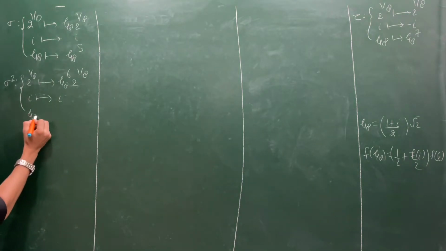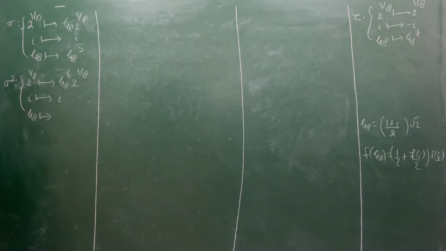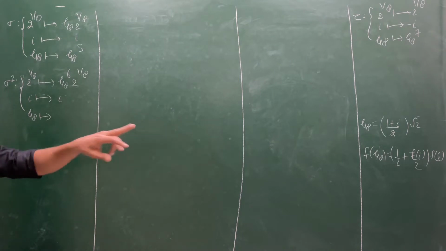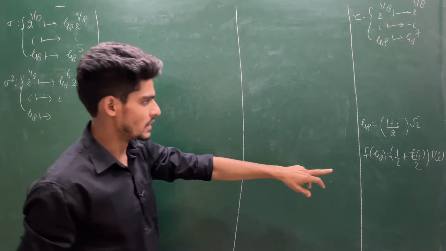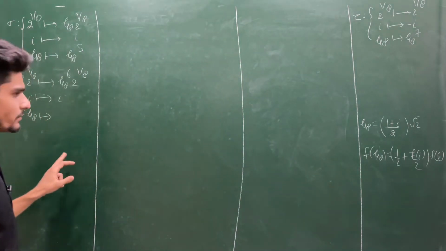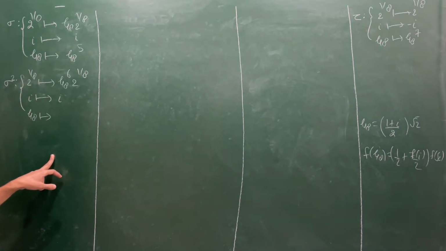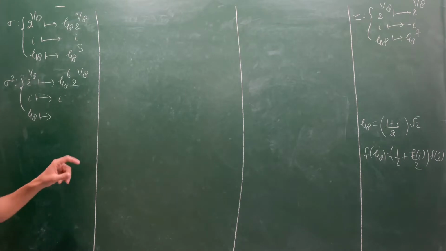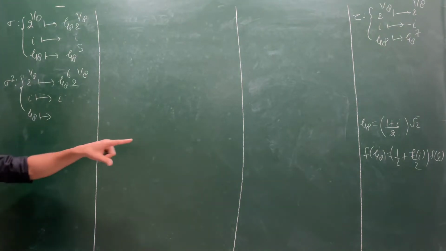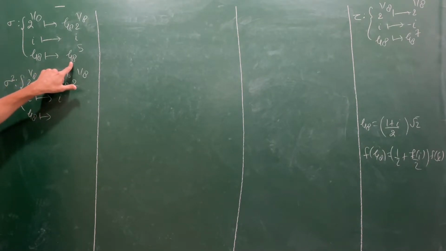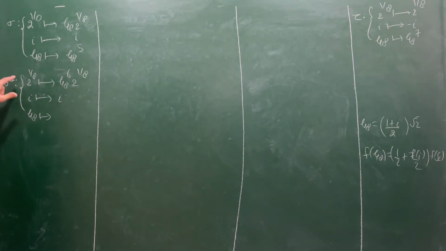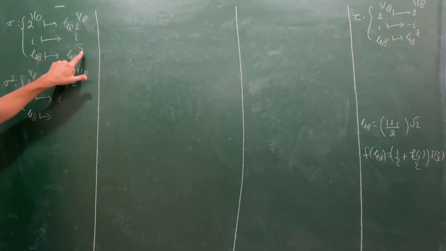If you calculate ζ8, what can you say about ζ8? Again you look for that map, because i is fixed. We are looking for σ²(ζ8). So if you operate on this ζ8, according to this, σ is sending ζ8 to the power 5.